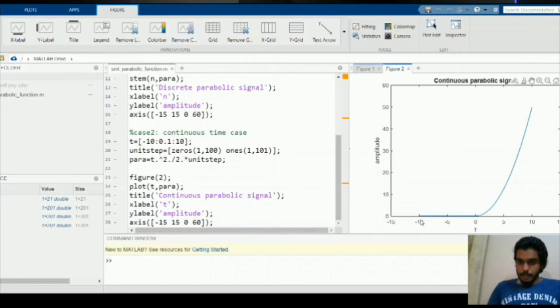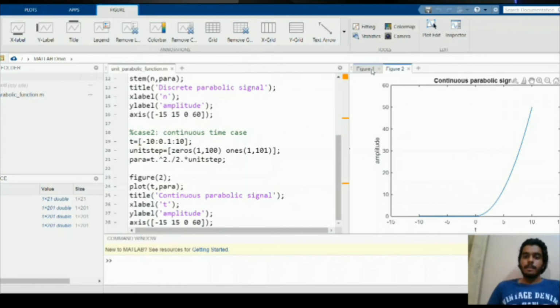So on each increment of 0.1, which means -9.9, -9.8, etc. up to, as you can see, -7.5 comma y0 over here, and up until 10 with an increment of 0.1, the graph has been plotted, and the y-axis is being given as amplitude and the x-axis is given as t over here, and the title is being given as continuous parabolic signal.